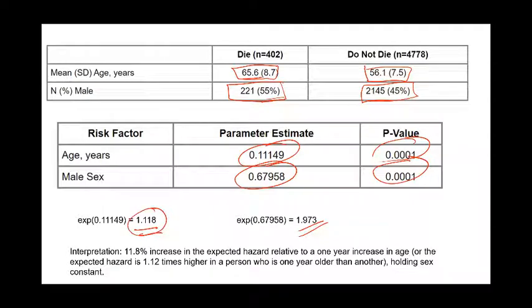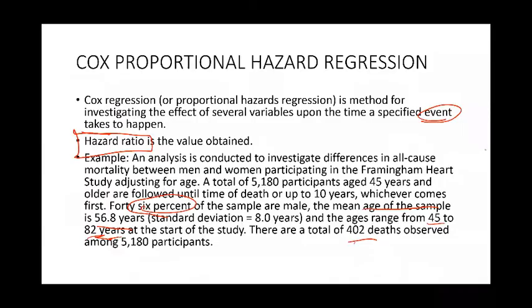It shows that there is 11.8% increase in expected hazard relative to 1 year increase in age. Similarly, if we keep age as constant and just keep male sex as the variable, so for every one increase in male sex, there would be 97% increase in expected hazard. So this is how Cox proportional hazard regression is interpreted.